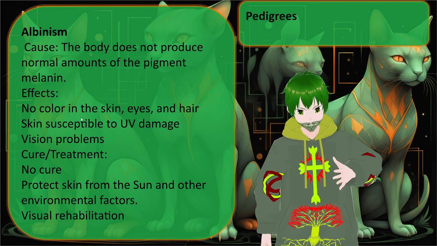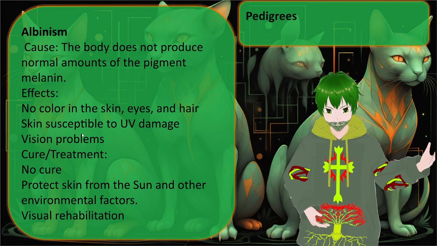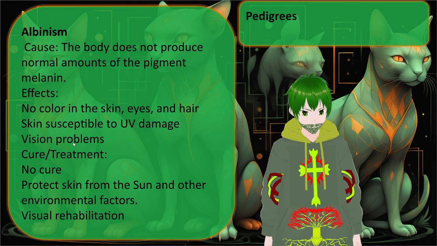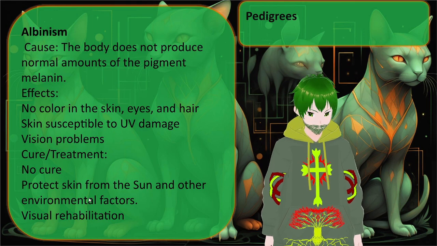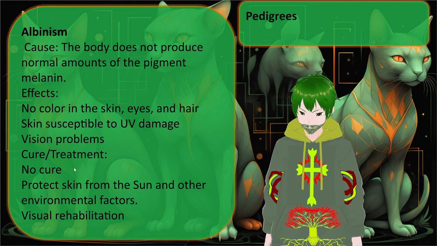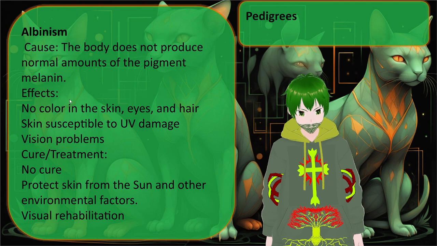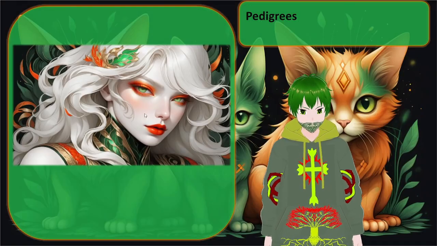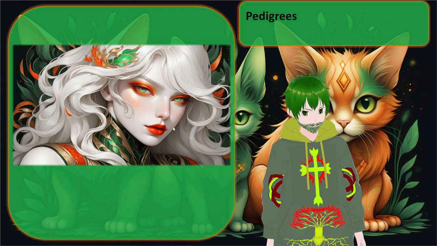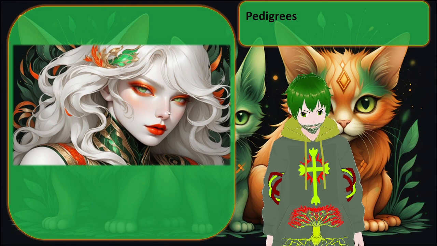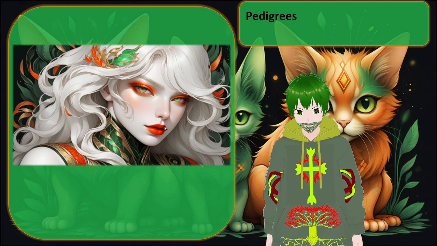They also tend to get sunburns pretty badly, pretty easily. There's no treatment for it, obviously. But wearing glasses when you go outside and making sure to wear sunscreen or long sleeve clothing, you can have a pretty normal life, other than the fact that you look a little weird. And clearly this person is either wearing contacts or is not a true albino, even though they have white hair, because a true albino would not have red lips.